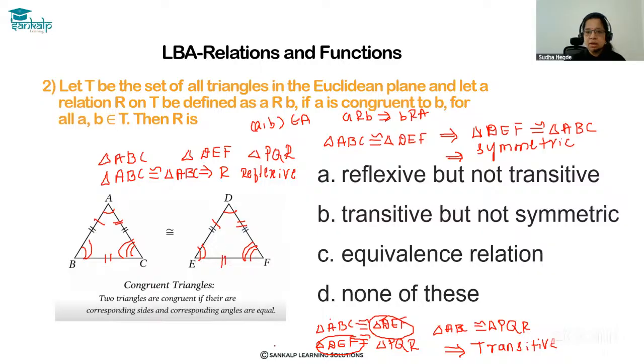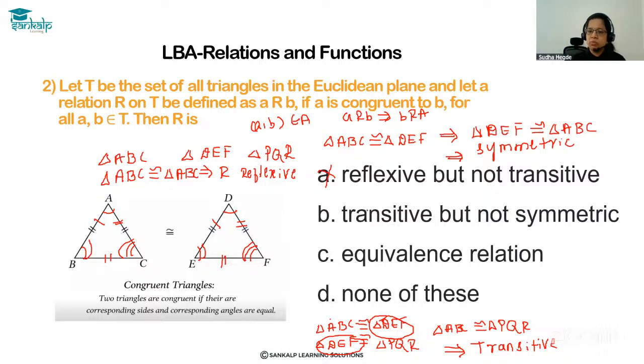Now let us take the options. Option A, reflexive but not transitive. But we have proved it is transitive, so you can discard option A.